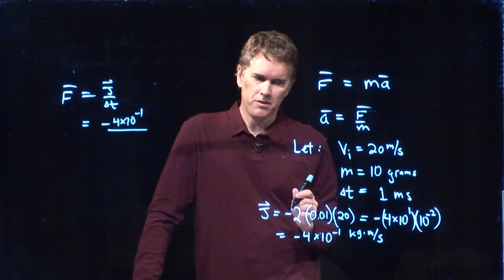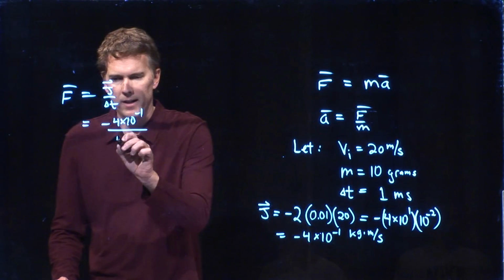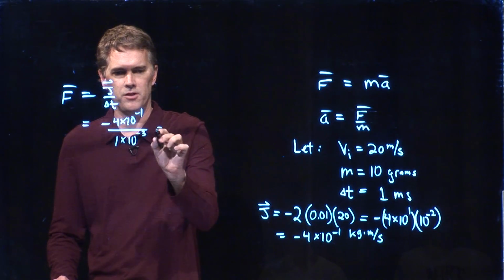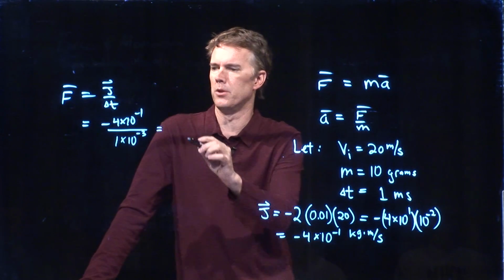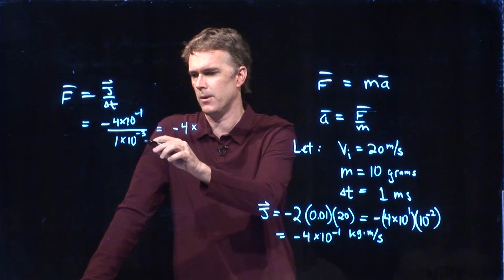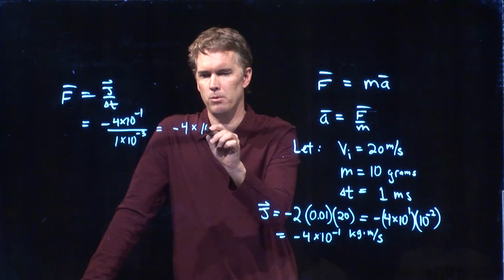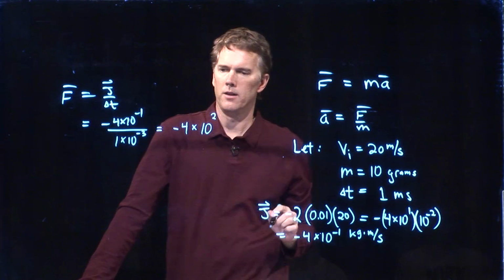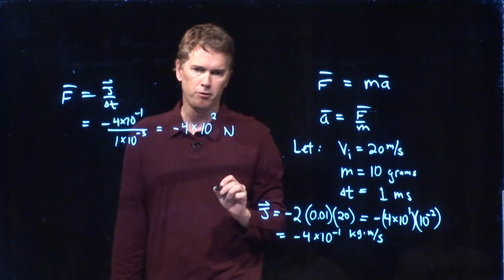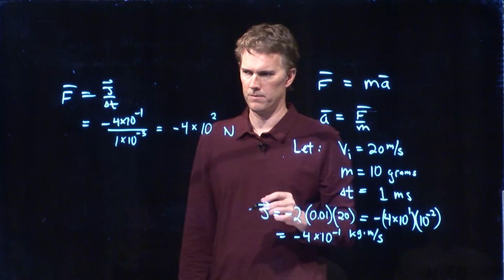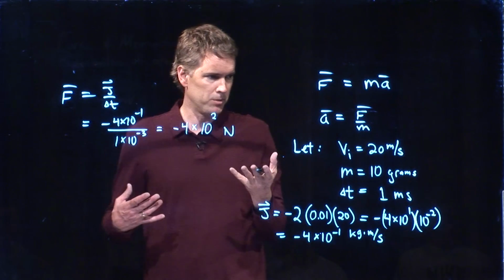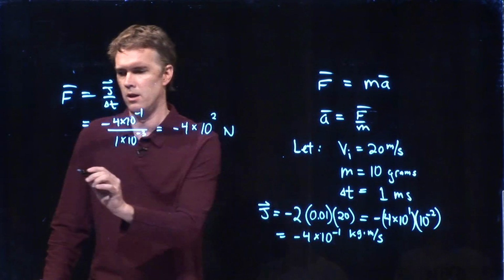And delta T we said was 1 millisecond, so that's 1 times 10 to the minus 3 seconds. And what do we get if we do that? We get a negative 4, and then we have to add a 10 to the 3 up there, but we're subtracting 1, and so we get negative 4 times 10 to the 2. Units of force are, of course, newtons. All right, that sounds like potentially a big number, but we're not exactly sure.